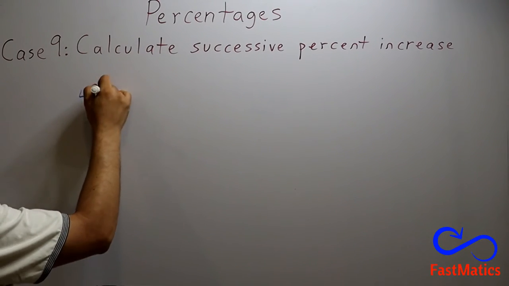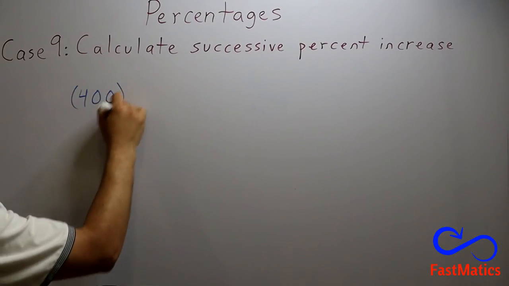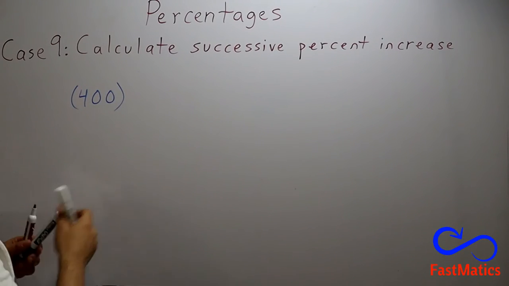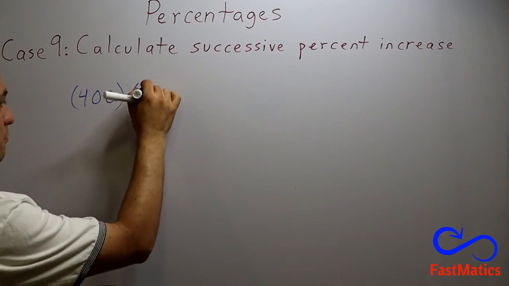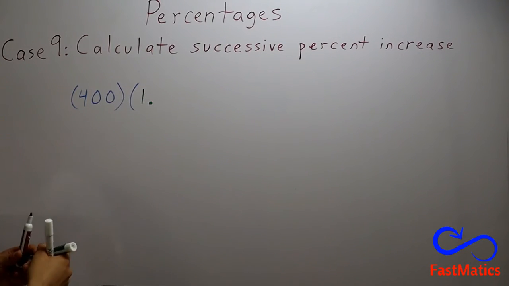You take the original price and you're gonna multiply by 1 point, remember 1 point, and the percentage you are increasing. So first you are gonna take the 12.5%.